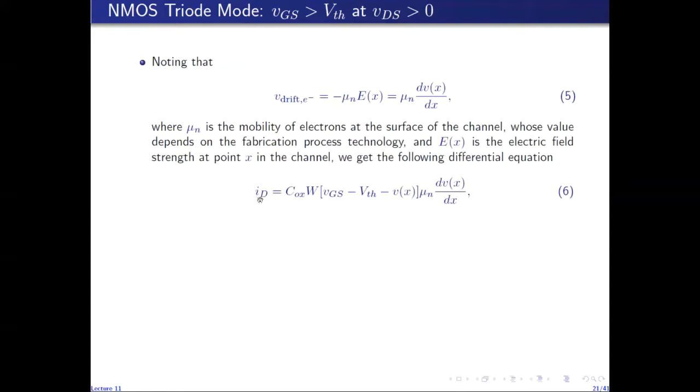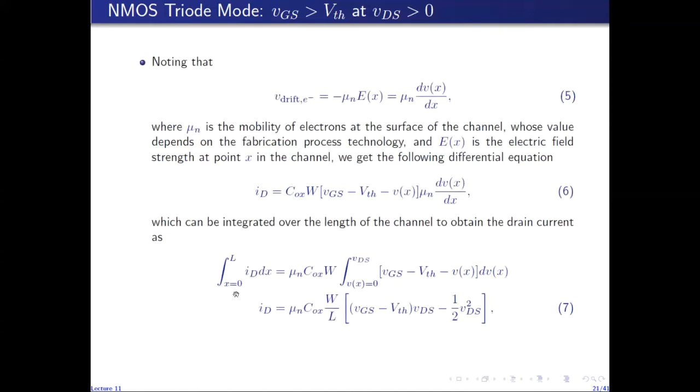then the drain current is given by this differential equation, which can be integrated over the length of the channel like this. So we take dx onto the other side. The differential on the left-hand side is dx, so we integrate it over the length of the channel, and the differential on the right-hand side is dVx, so we integrate it over the voltage along the length of the channel.